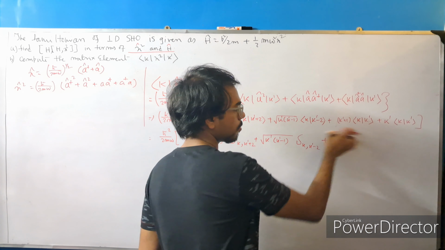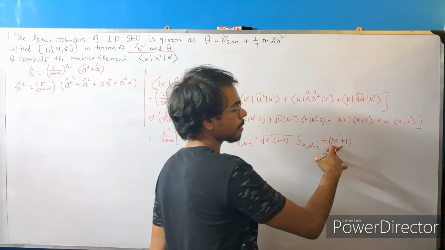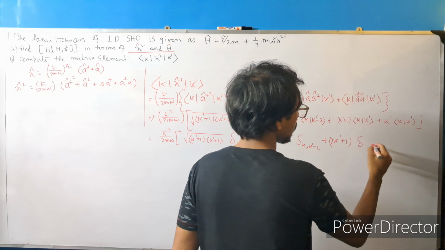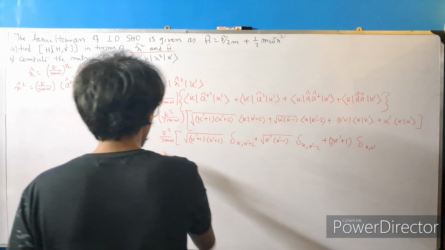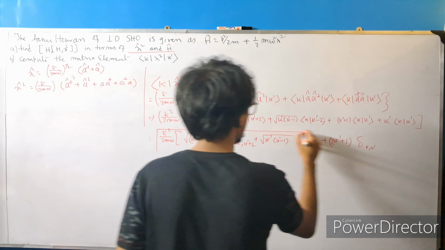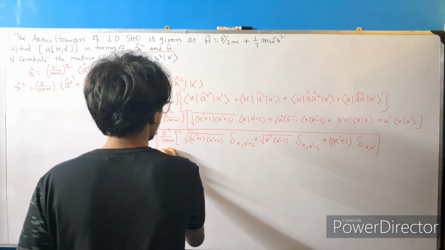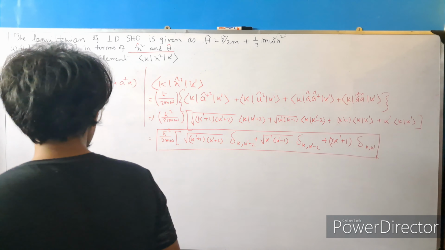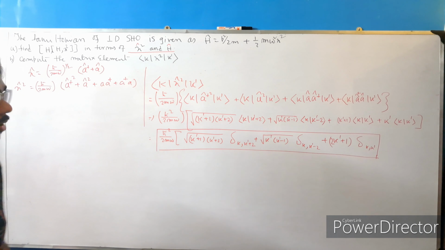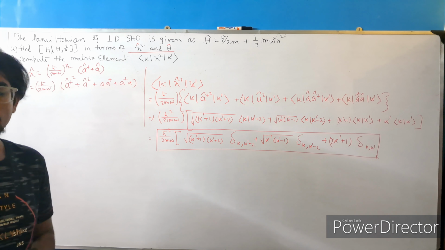I have just combined these two terms and have written 2k prime plus 1 as delta k prime. So as no further conditions are given, this is our final answer. This is pretty easy. Okay, I think you have understood the problem, and thank you for watching.